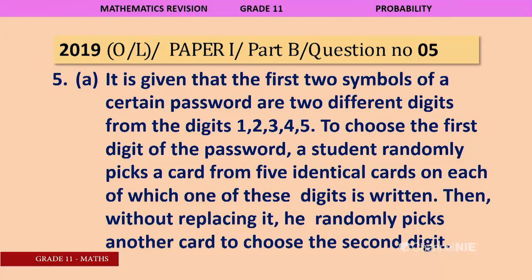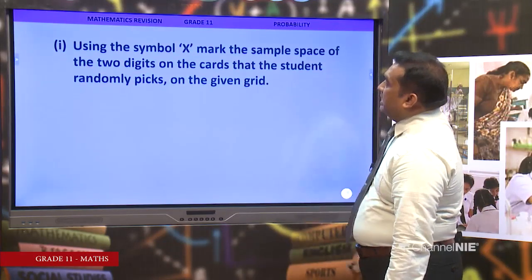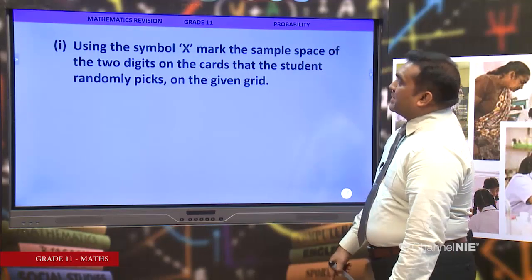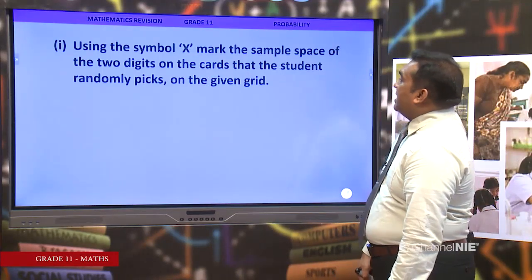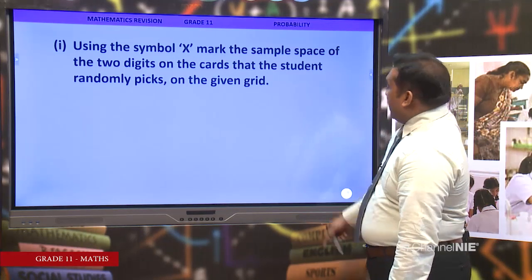He randomly picks another card to choose the second digit. We will see how to represent this experiment graphically. Using the symbol cross mark, show the sample space of the two digits on the cards that the student randomly picks on the given grid, right?